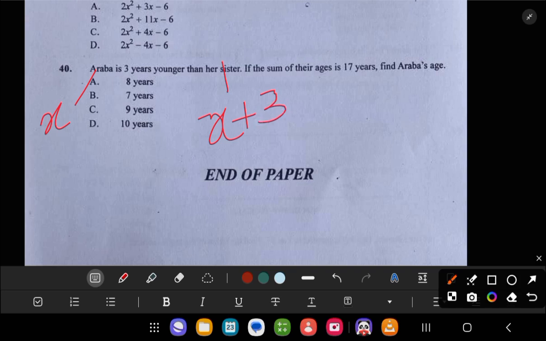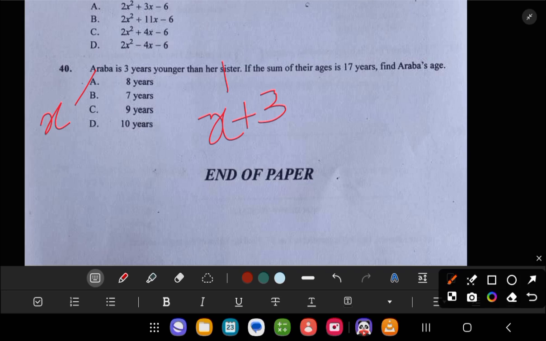Let's think of it. Say Araba is 7 years. If she is 3 years younger than her sister, it means her sister is older than her. That is the simple logic to questions like this.